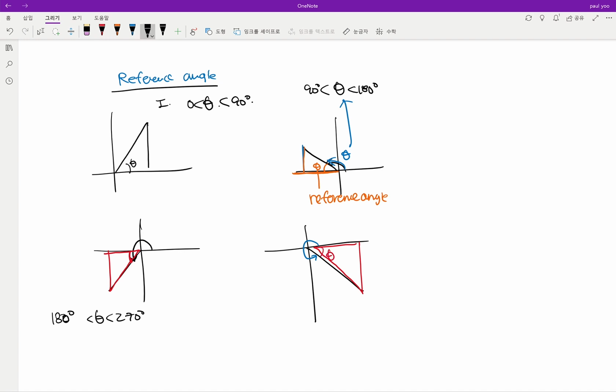So calculating the reference angle is pretty simple. Let's say this angle right here is 135 degrees. Then the reference angle has to be 45 degrees because these two are supplements in that case. Let's say this angle is equal to 210 degrees. Knowing this is 180, that reference angle has to be 30 degrees.